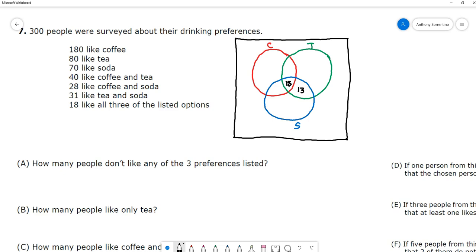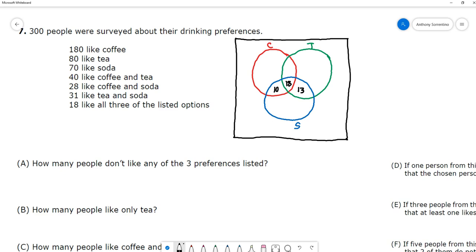28 like coffee and soda. So I'm looking at combinations of the red and blue circles here. Again, of that 28, 18 do like tea as well. That means that 10 don't like tea, but do like the coffee and soda. And same thing with going up the list, 40 like coffee and tea.